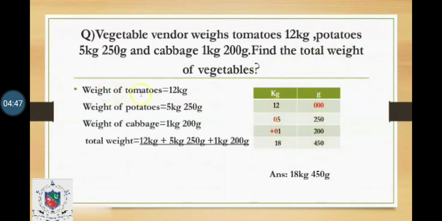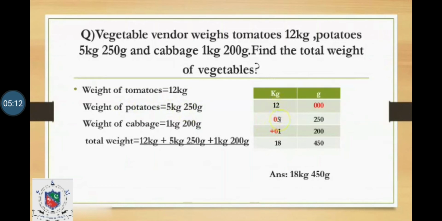As description is very important, we have to write the description, and first we are writing about tomatoes. Then we have been given potatoes and we have to write about potatoes. There are no grams in tomatoes, so we put 0.